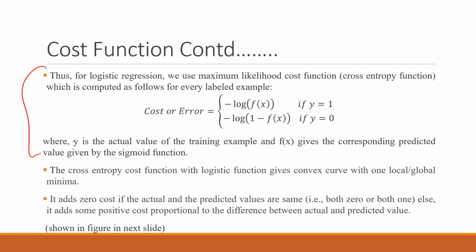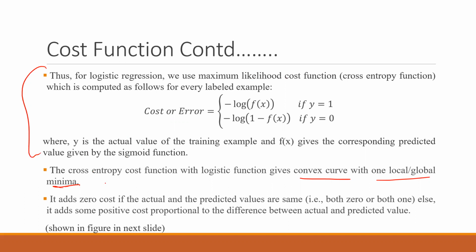So this is the cross entropy cost function, and with the logistic function it gives a convex curve with a single minima, which might be local or global.